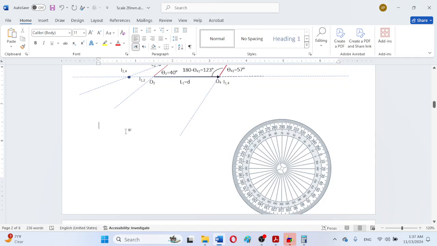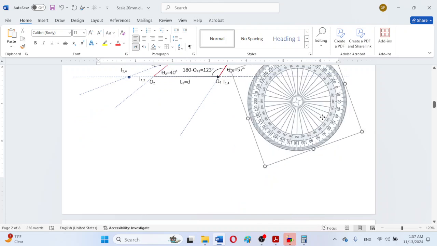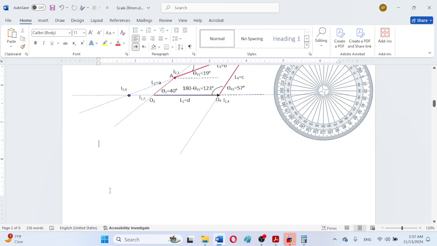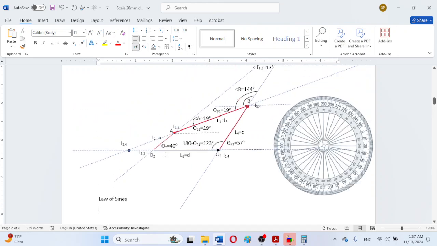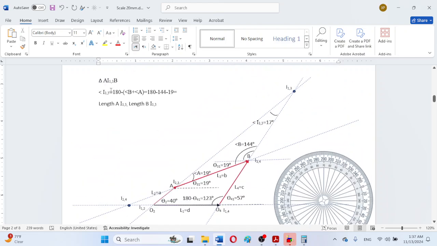We can just type here instead of typing there, because the diagram was being distorted. So here we can type the law of sines. The law of sines will be like that.